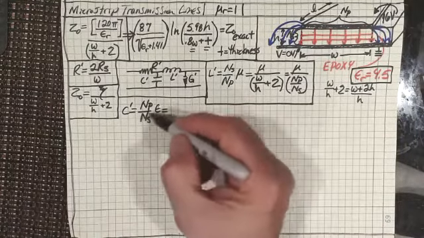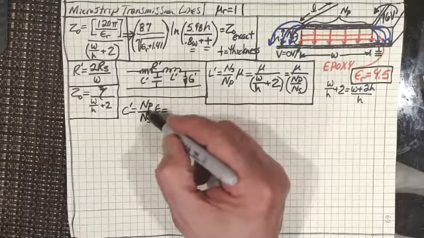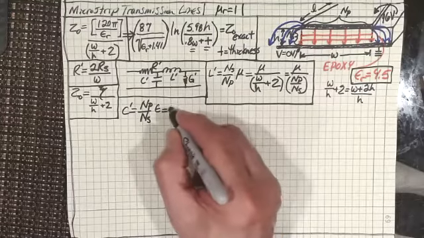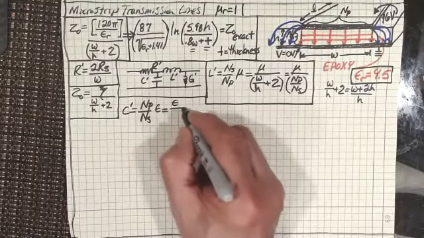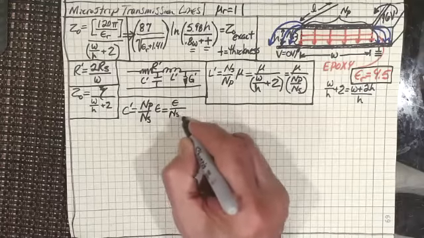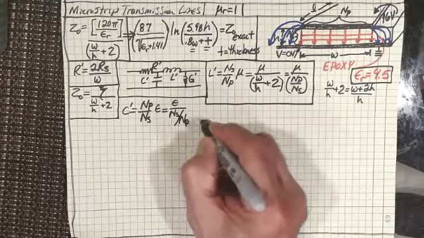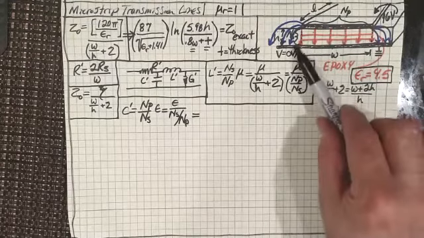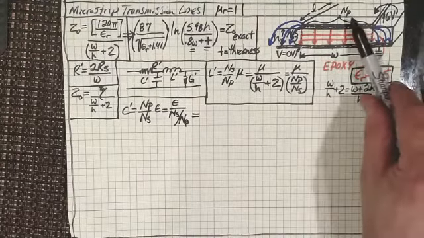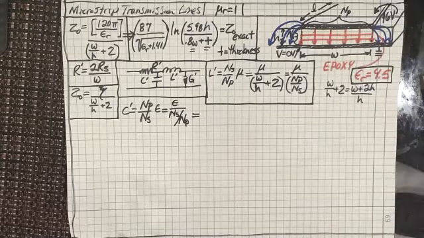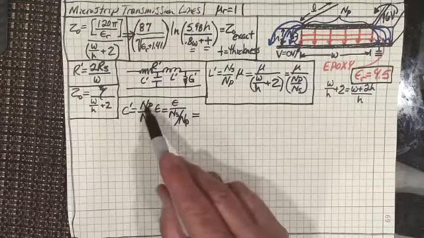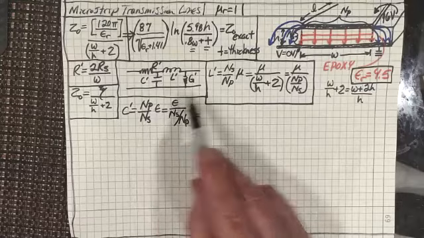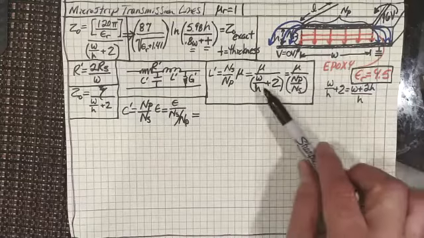And not only that, if we do switch this around, wouldn't this be epsilon divided by n sub s over n sub p? So I've got epsilon divided by n sub s over n sub p, right? Just like that. So n sub s, if we look at that as height, it would be better just to keep it like this, because n sub p, just like we have here, is w.